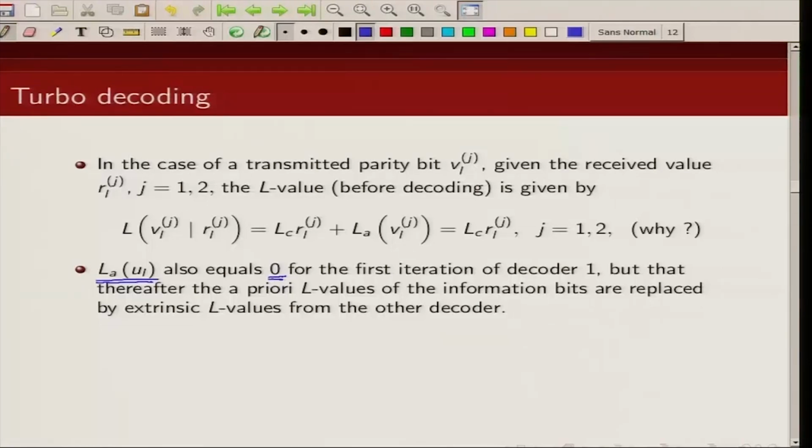So, the a priori log likelihood L value will be considered as 0 for the first decoder. But thereafter, these a priori values will be replaced by the extrinsic values received from the other decoder, right.